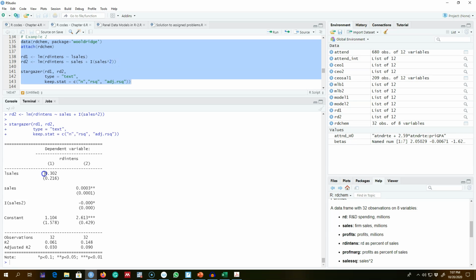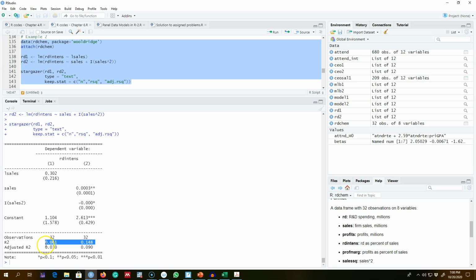So for the model with log sales as an explanatory variable, the R squared is 0.06, and when sales along with the square of sales is included in the model, R squared is 0.14, which is not surprising because, as we said earlier, including more variables in the model increases R squared, which is exactly what is happening here. Because we have one more variable in the second model, R squared is higher.